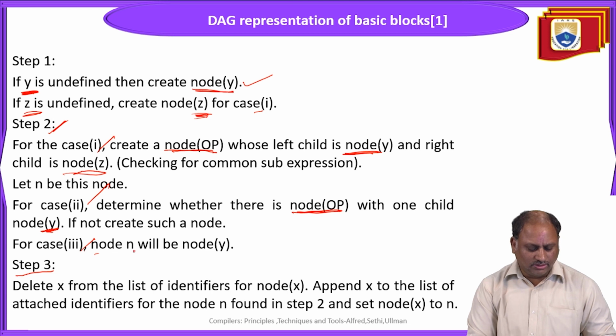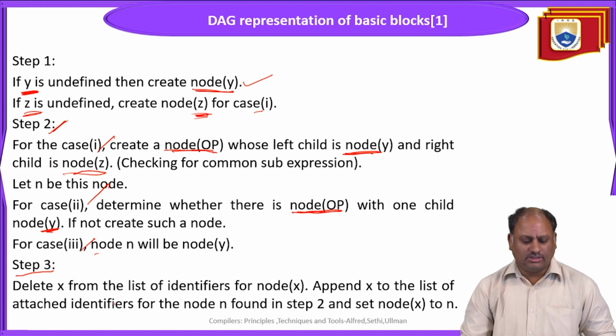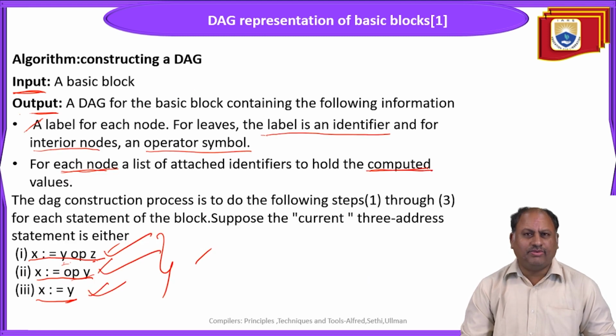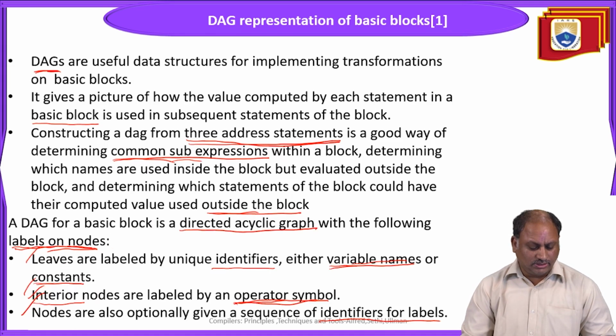And the third one is node n will be the node of y, and if the list of identifiers is deleted from node x, then we have to append the list of attached identifiers from the list. Like that, the statement notations may vary from one to another based on the three address code statements which are to be represented in this information.